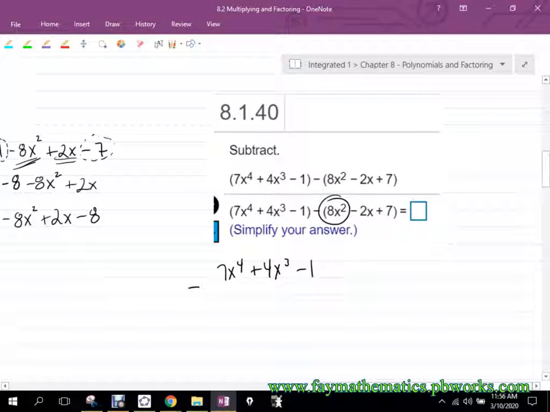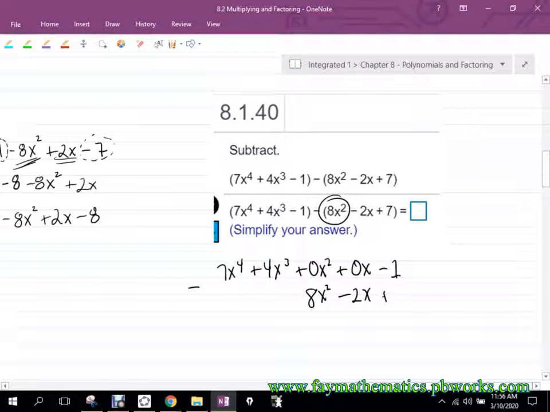No. Okay? So this is really what has to happen if you are going to stack these. You have to put in a 0x squared. You have to put in a 0x. We call them placeholders, but we need those because now I can put my 8x squared right there. I can put my minus 2x there, and I can put my positive 7. And now like terms are lined up, right?